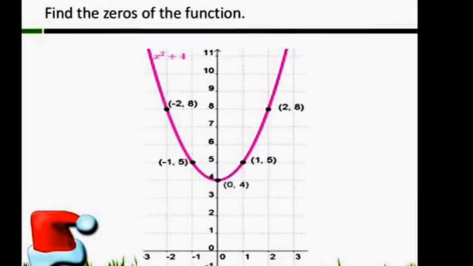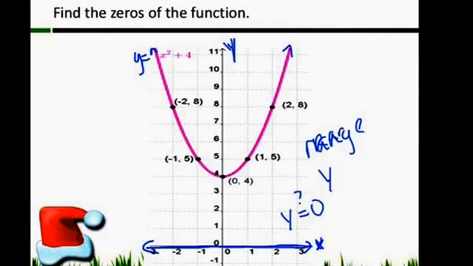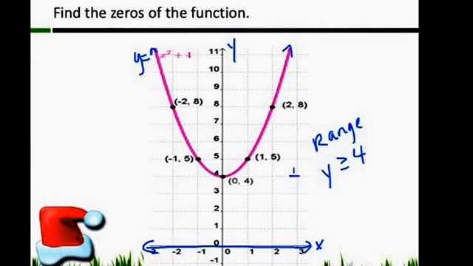For this last quadratic, y equals x squared plus 4, I have the x-axis down here and the y-axis. And when does it ever cross the x-axis? Will it ever cross the x-axis? No. The range of this function is when y is greater than or equal to 4. So whenever y is at 4 or more, that's all my y values.